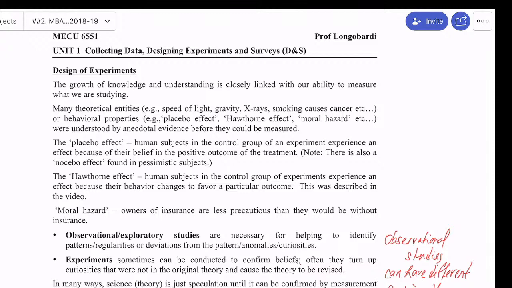Just like in the Hawthorne Effect, people not receiving the treatment having health outcomes attributable to the treatment that they didn't receive doesn't make much sense. Okay? So placebo is different because it's just the belief that makes it so. In the Hawthorne Effect, there's actual actions that make it so.